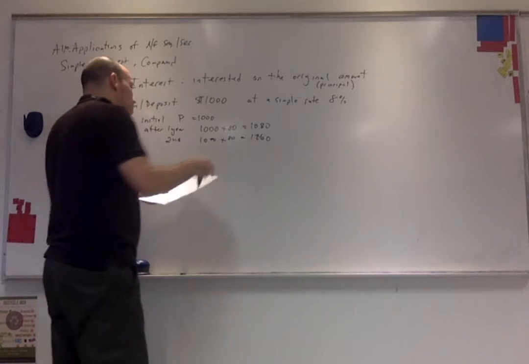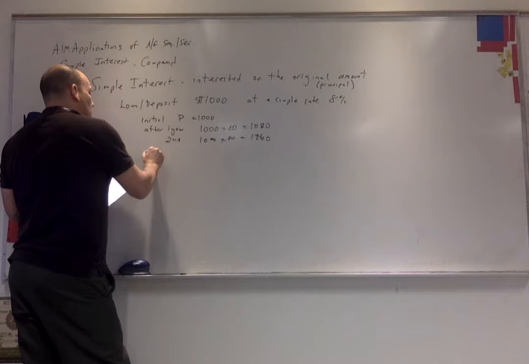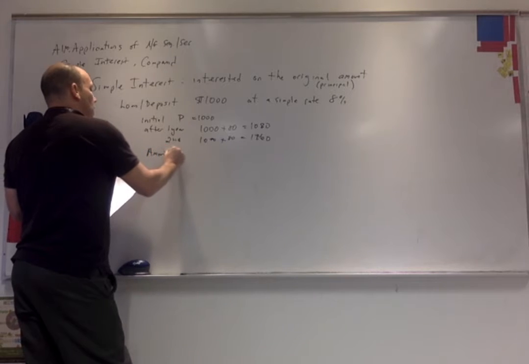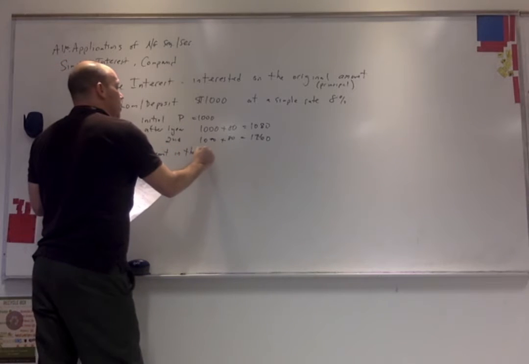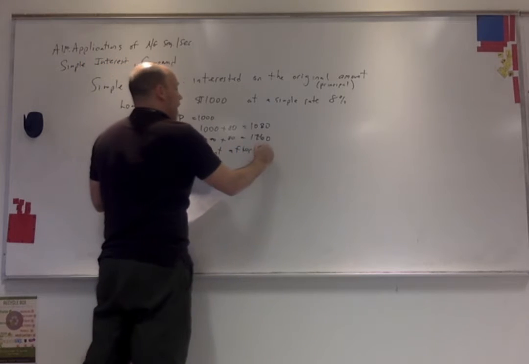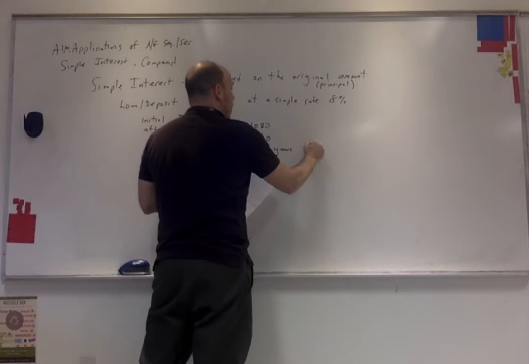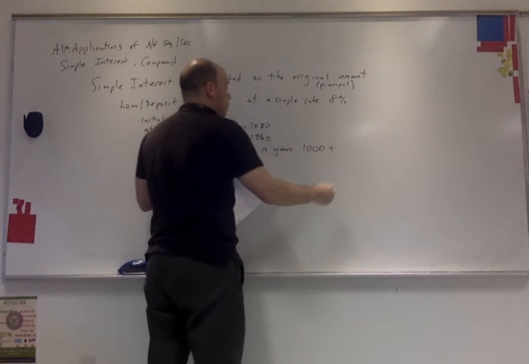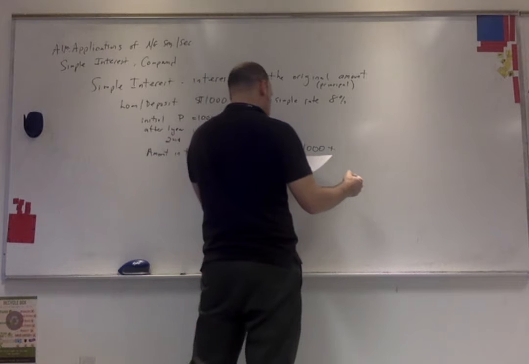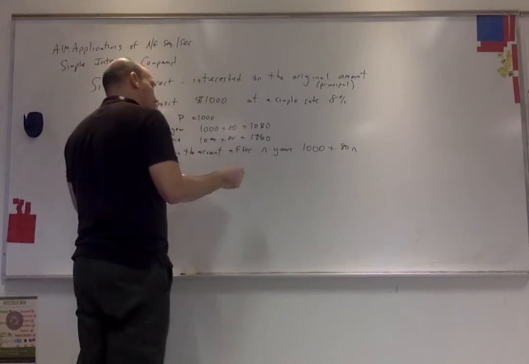We could say the amount in the account after n years is 1,000 plus 80n. But let's generalize it.